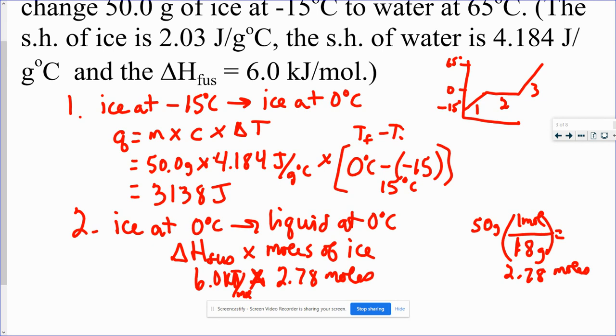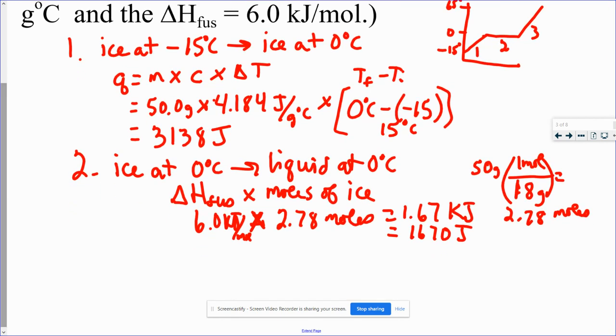So 6 times 2.78 is 1.67 kilojoules, which times 1,000 will put it into joules. Okay. So that was step 2.